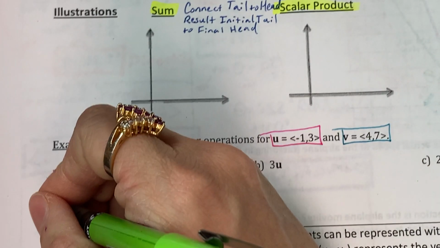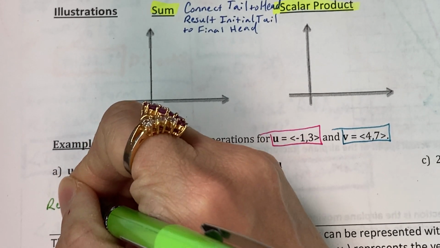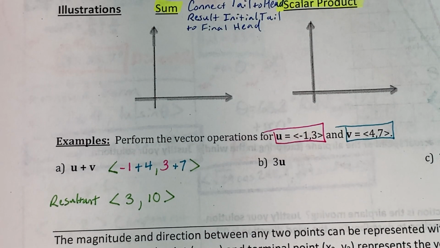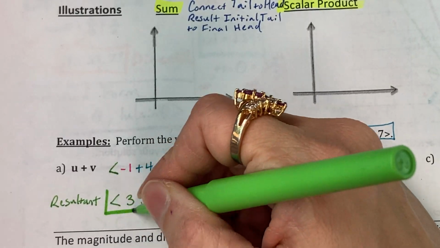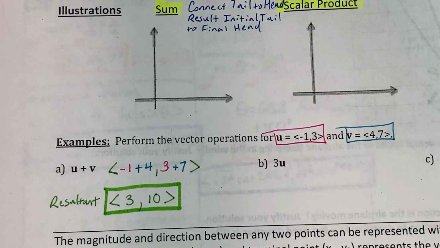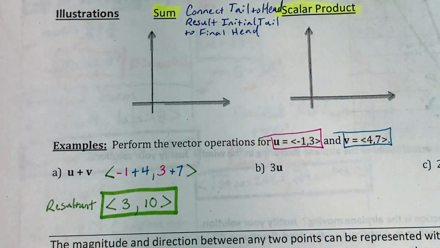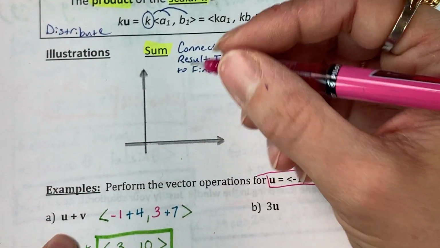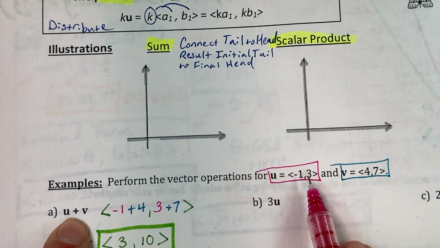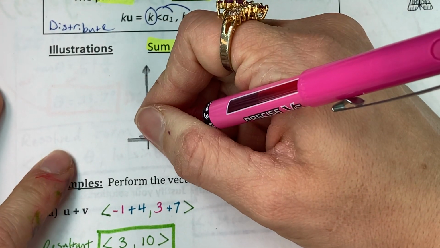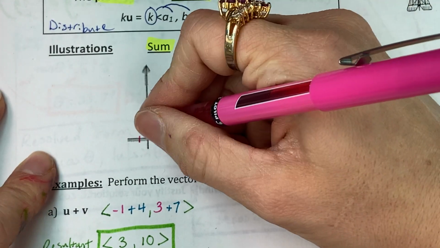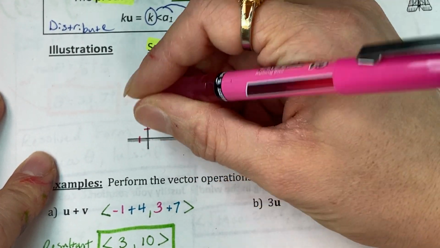So this would be the resultant of adding those two vectors together. So if I wanted to show this using an illustration or with a graph, I would first start with graphing vector U, which has an A component of -1 and a B component of 3. So 1, 2, 3.